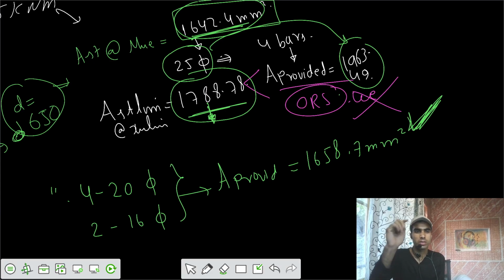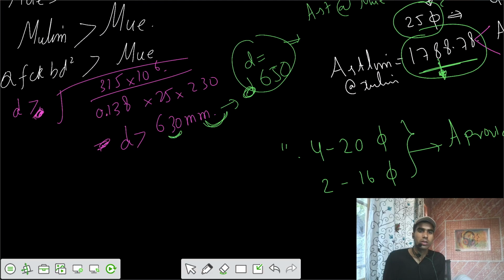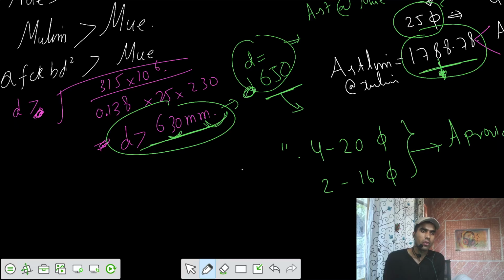Once you substitute a value closer to the required value, your d value was required to be 630, but you assume it's 650, and based on that you needed a diameter of bars between the required value and the limiting value. That's very critical. It would take you 2-3 minutes more to calculate that.